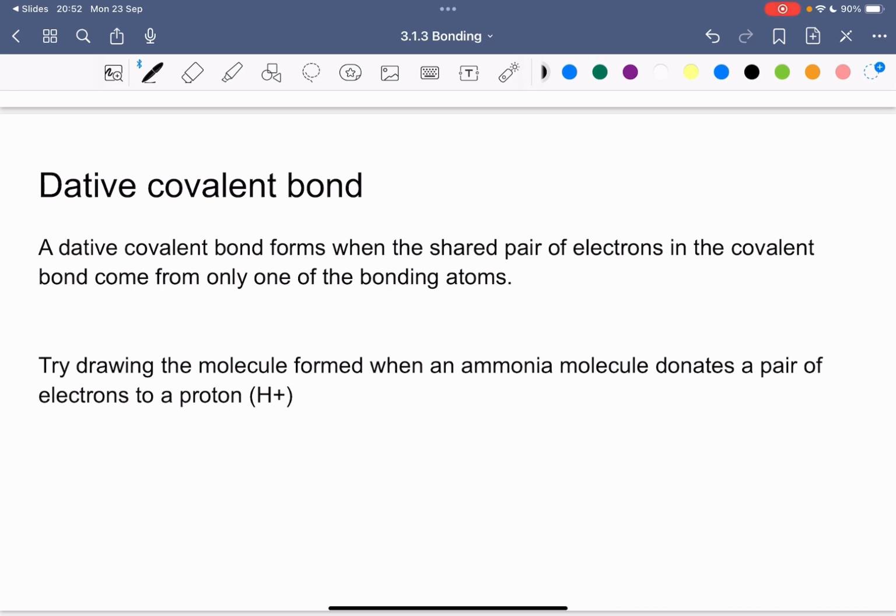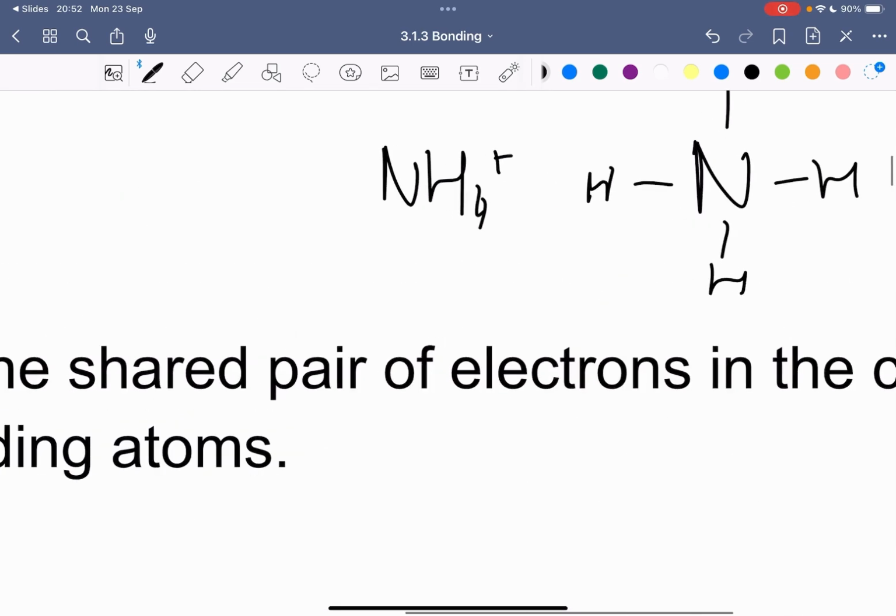Okay, so a dative covalent bond is when the shared pair of electrons in the covalent bond come from only one of the bonding atoms. So, for example, in NH4+, if I draw that, it's something like this. Essentially, in one of these bonds, both of the electrons come from the nitrogen.